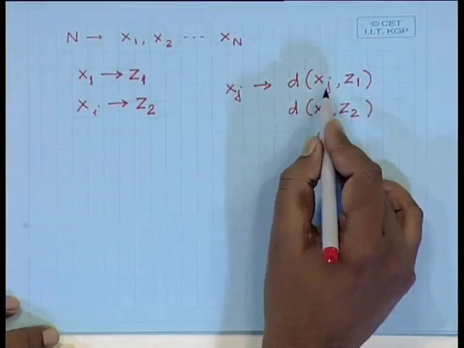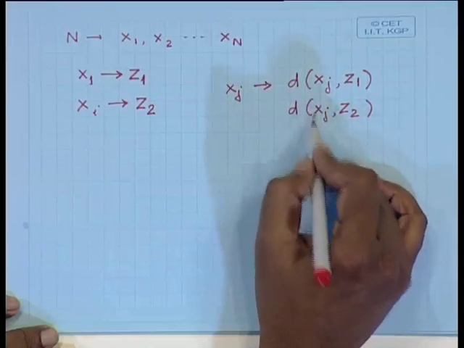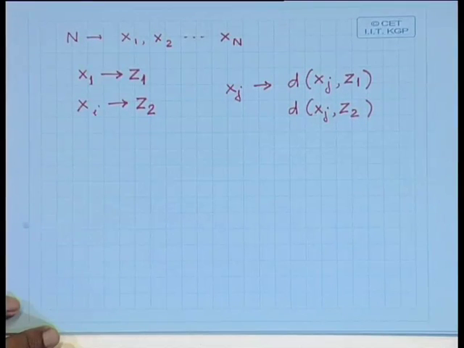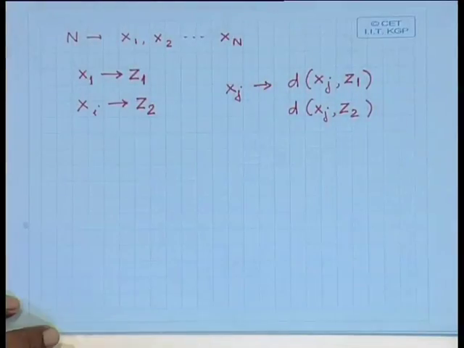I will consider the distance which is minimum of these two. So, for every point other than x 1 and x i, which happens to be the second cluster center, I find the distances from z 1 and z 2, and consider the minimum of the two, computed for all other points. And out of these minimum distances, I find the maximum distance.